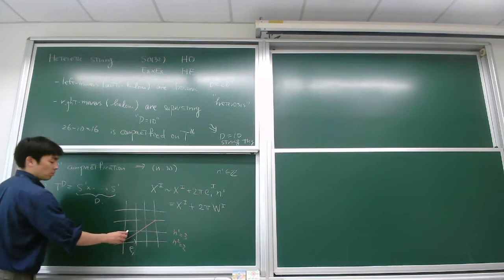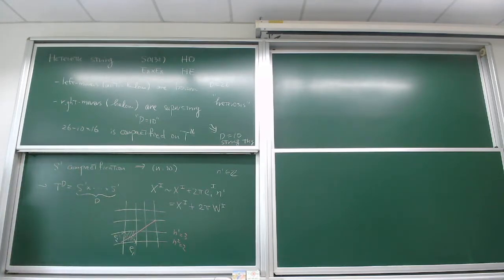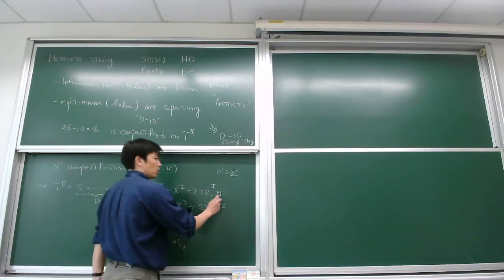So the fundamental torus is given here, by n^1 and n^2. So W is equal to, by definition, this.